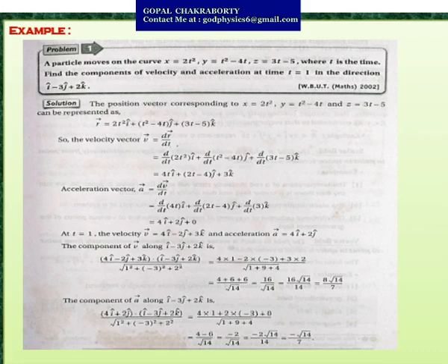To solve this kind of problem, first we have to find the position vector, that is r equals 2t square i cap plus t square minus 4t j cap plus 3t minus 5 k cap. First we arrange our position vector, then we can easily find our velocity vector. The velocity vector is nothing but dr dt. After taking the derivative with respect to time of the r vector, that will give us 4t i cap plus 2t minus 4 j cap plus 3k cap.